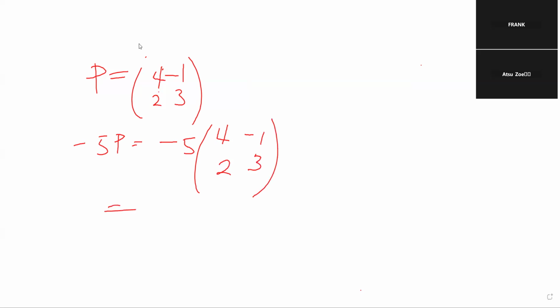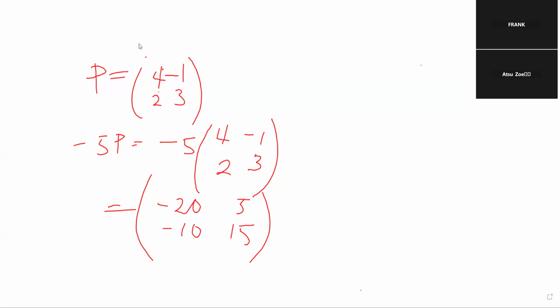In that case, I multiply each of the entries by -5. So -5 times 4 is -20, -5 times 2 is -10, -5 times -1 is 5, -5 times 3 is -15. And that gives me -5P.